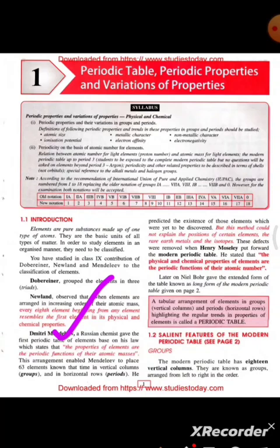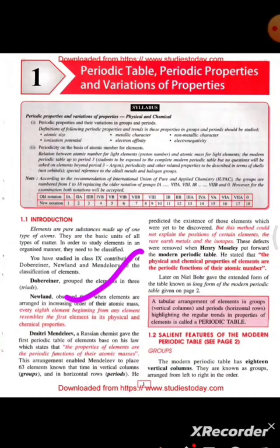But that one also had limitations. After that this modern periodic table came. And you know Newlands arranged the elements according to their musical notes. That's why it is called Newlands' law of octaves, because there are 8 musical notes from Sa Re Ga Ma to Pa Dha Ni Sa.